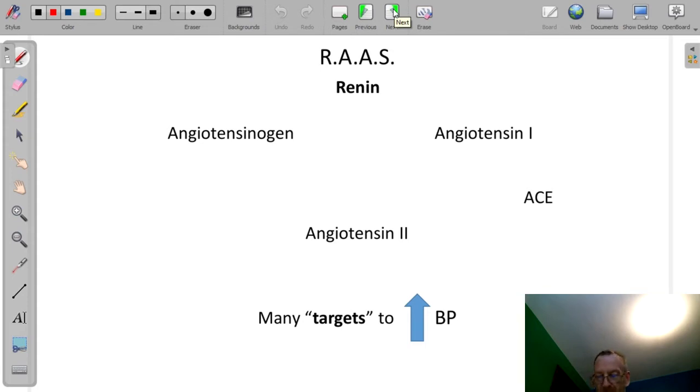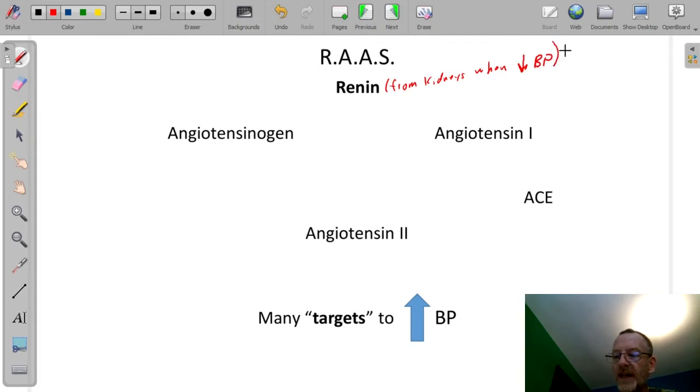So remember that renin is released from the kidneys when we have a decrease in blood pressure.